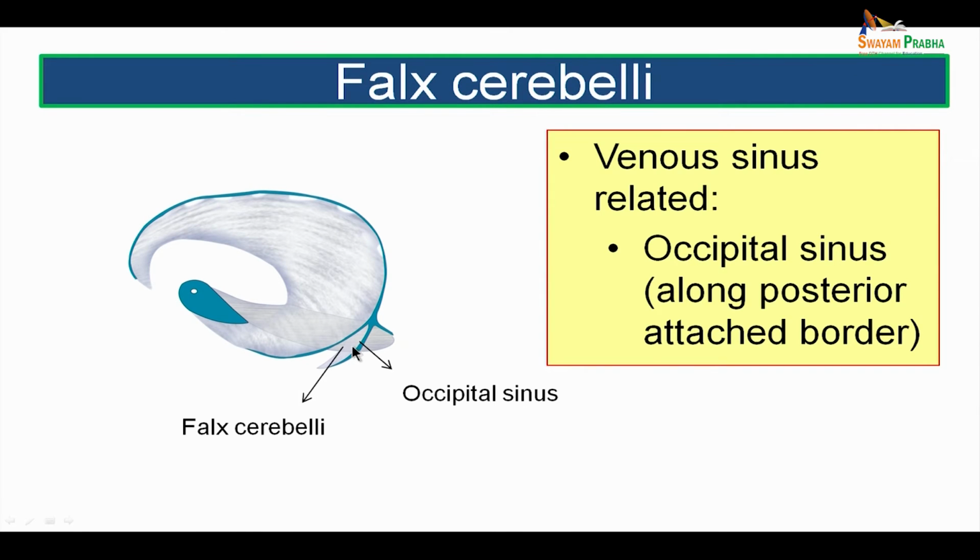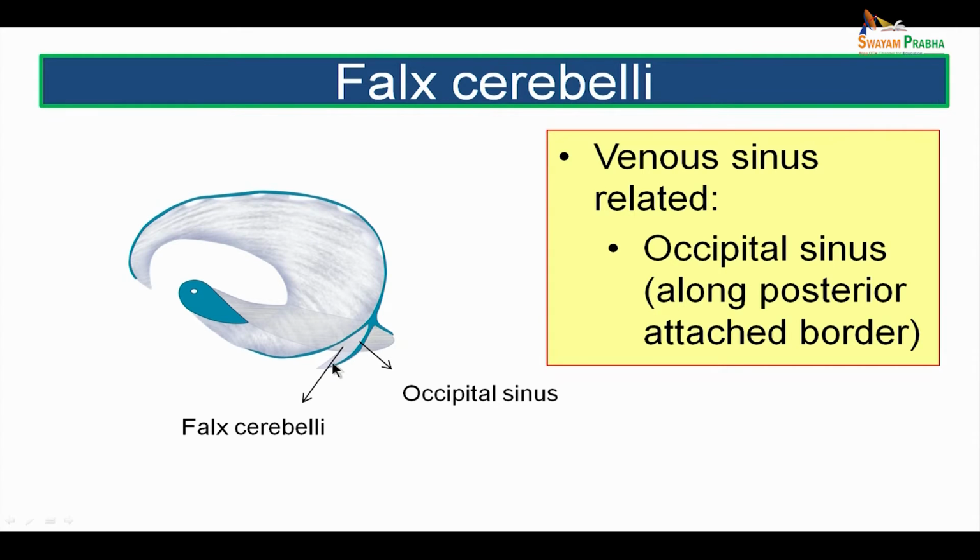This picture shows us the sickle shaped falx cerebelli. As we can see, the upper end is broad and is attached to the inferior surface of the Tentorium cerebelli, while the lower end is pointed and is attached to the posterior border of the foramen magnum.